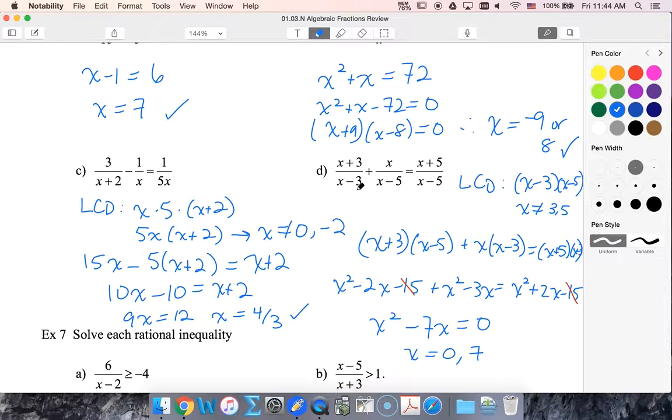I can put in 0 or 7 to any of the equations. So if I put in 0, I'm going to have -1 plus 0 equals -1. That's true. And 7, I'm guessing, is going to work as well. I'll leave it to you to check that out. As long as it's not causing me to divide by 0, though, odds are it's going to work.